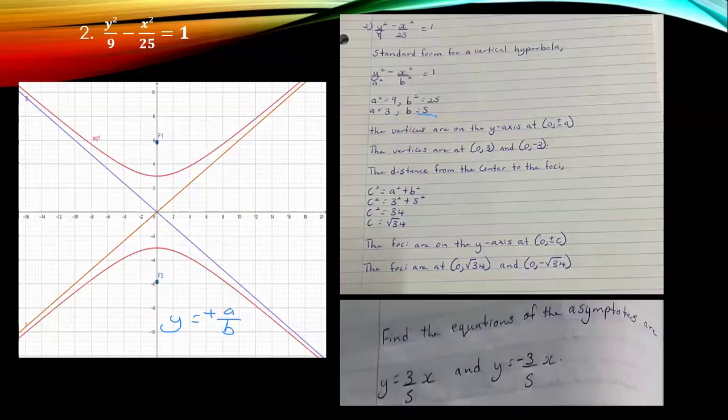So it's 3 divided by 5, times x. So y equals 3 over 5 x, and our negative one is y equals negative 3 over 5 x. Sorry, not negative. This side is positive.